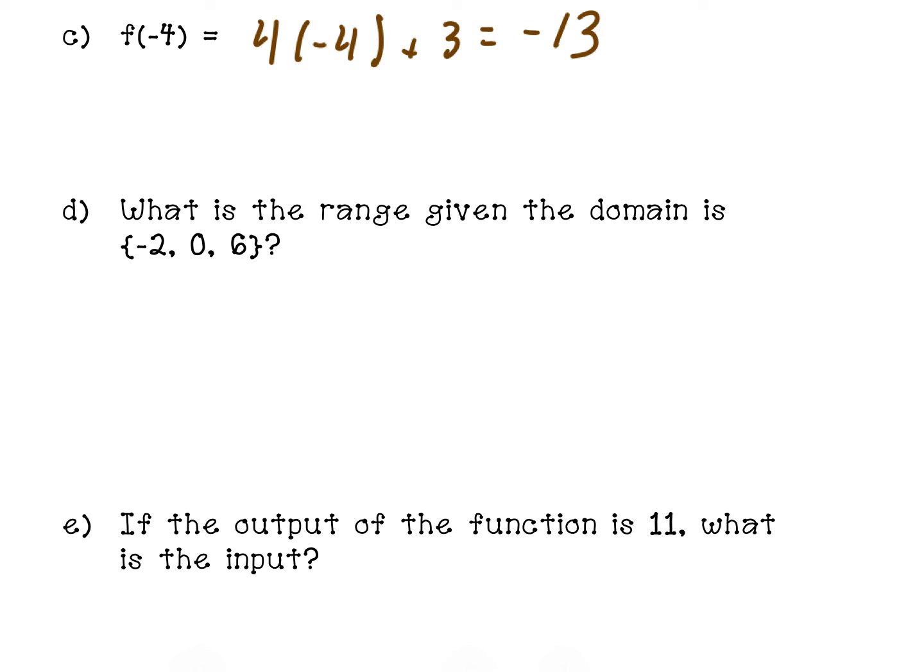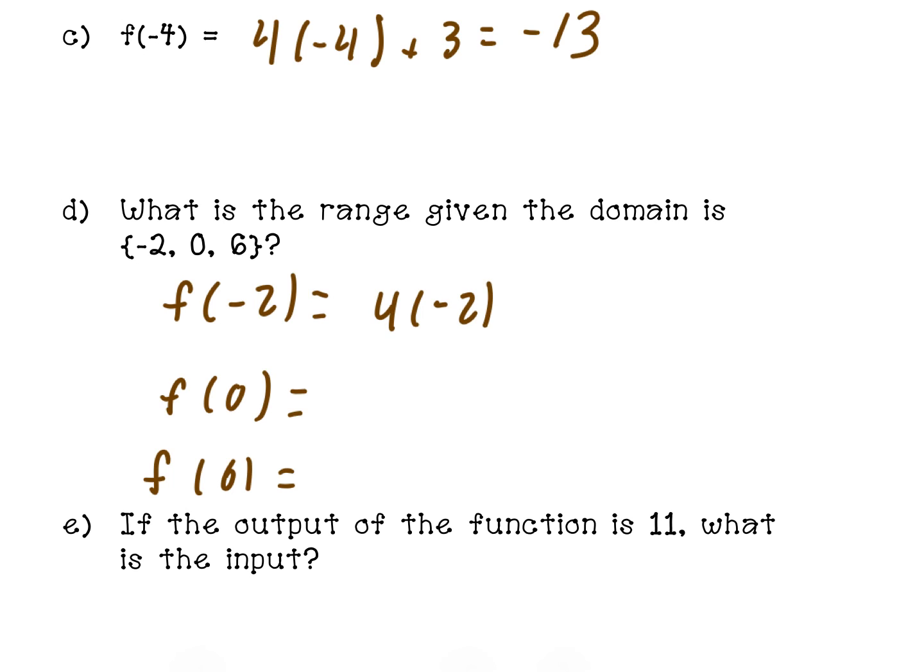The range would be the set of answers or the set of outputs that you get when you input each of these values. So you need to know f of negative 2, f of 0, and f of 6. Well, f of negative 2 is 4 times negative 2, which is negative 8, plus 3 is negative 5.